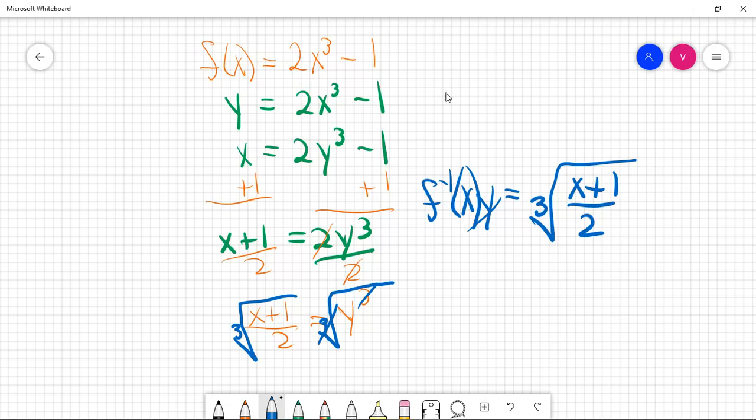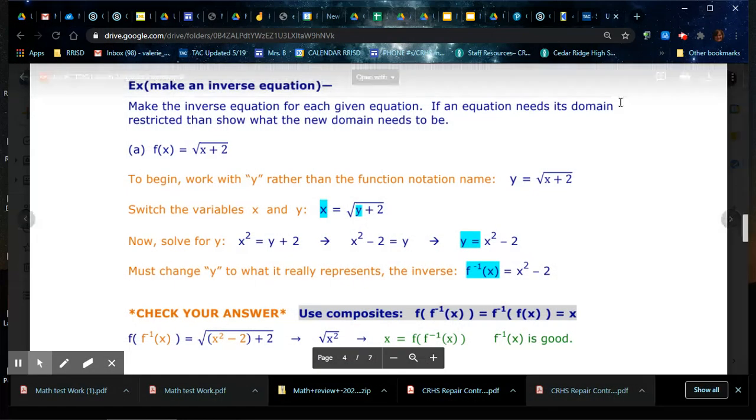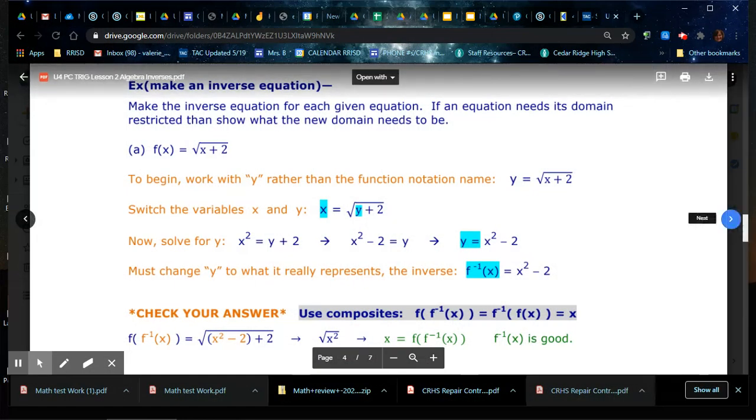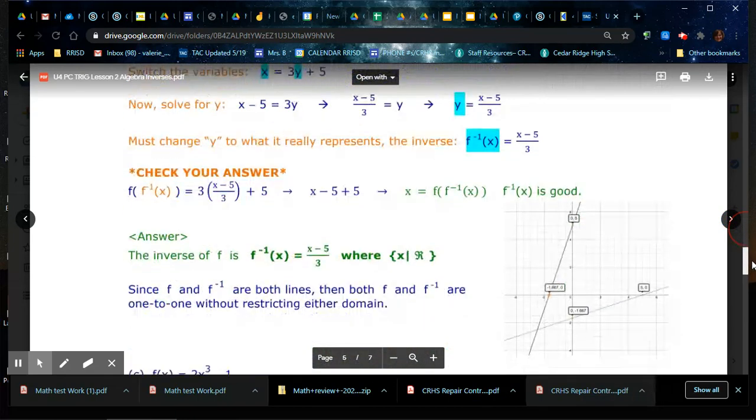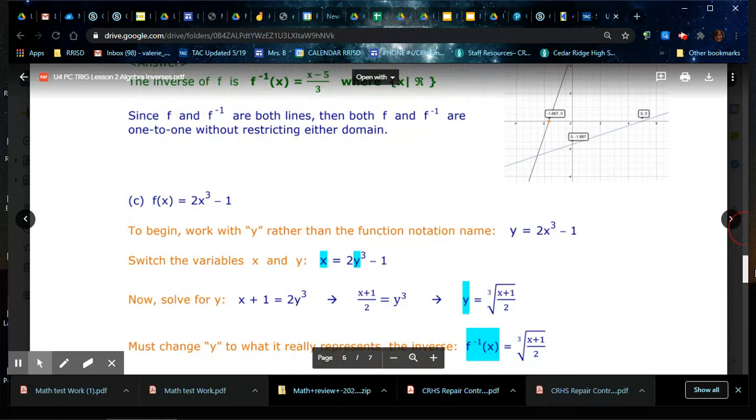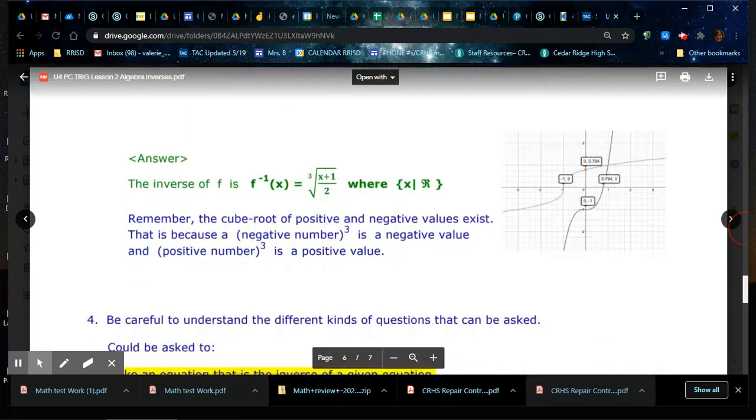There's a couple more notes left, which you can check on your own. Okay, so I just worked all of those examples for you. If you want to graph each one of them, here are pictures of the graphs of each one. Here's that cube root one that we just did.